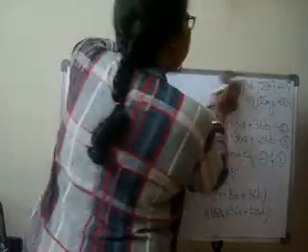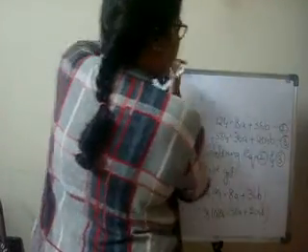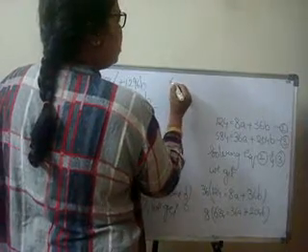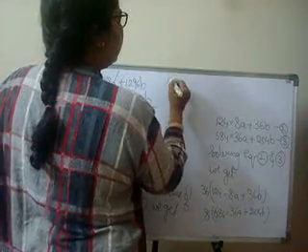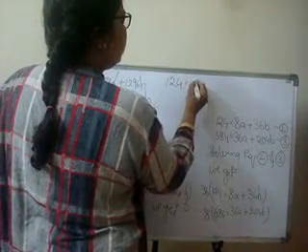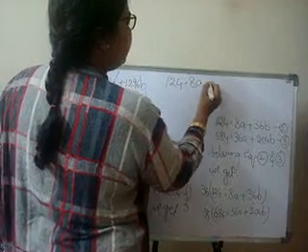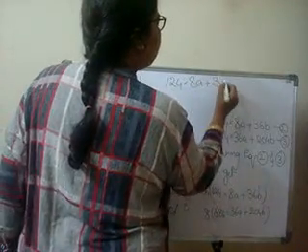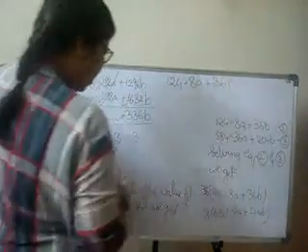What is equation 2? 124 is equal to 8a plus 36b. What is b? 3.